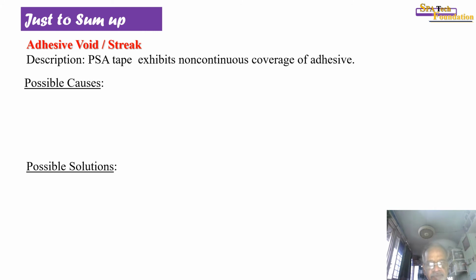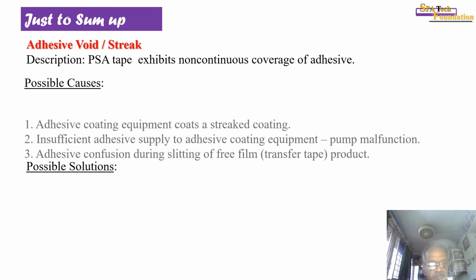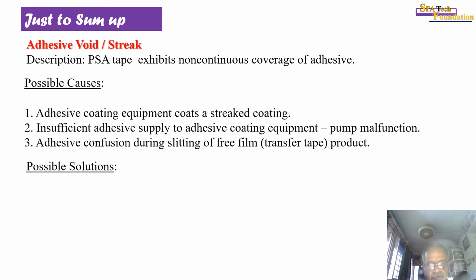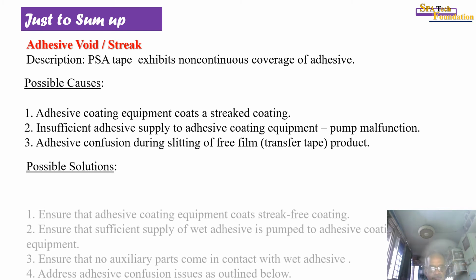Description: PSA tape exhibits non-continuous coverage of adhesive. Possible causes: adhesive coating equipment coats a streaky coating, insufficient adhesive supply to adhesive coating equipment, pump malfunction, adhesive confusion during slitting of free film or the transfer tape product.